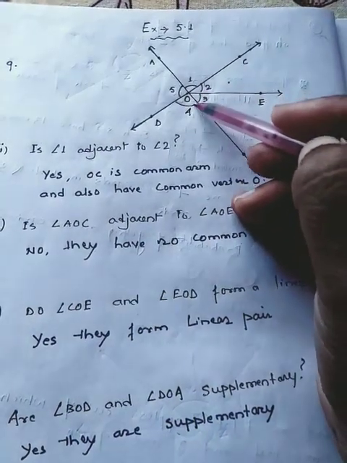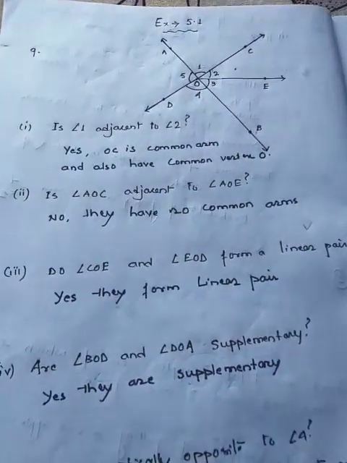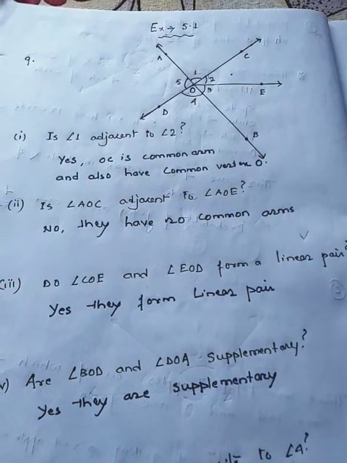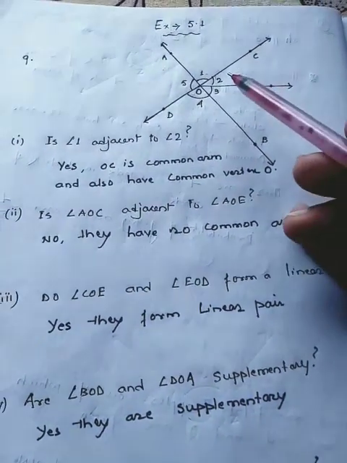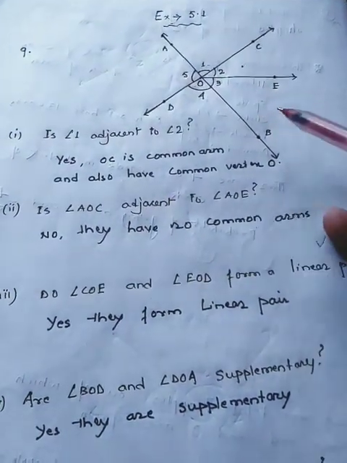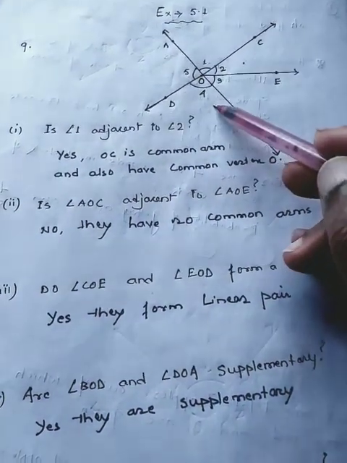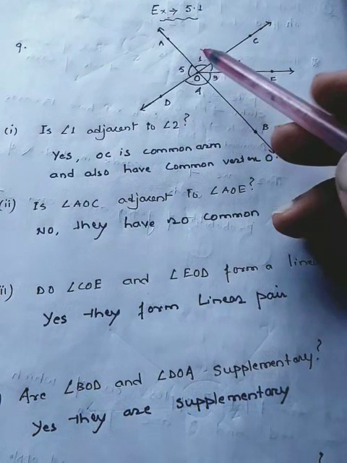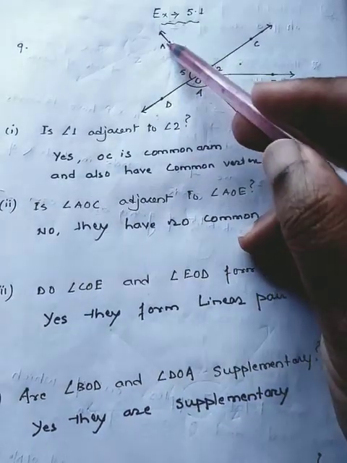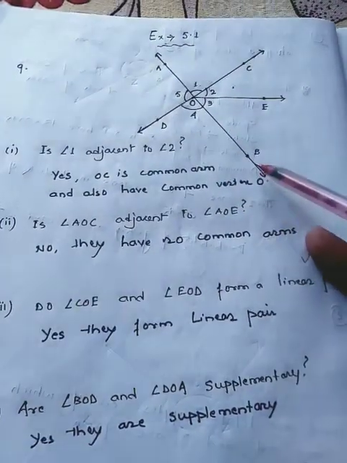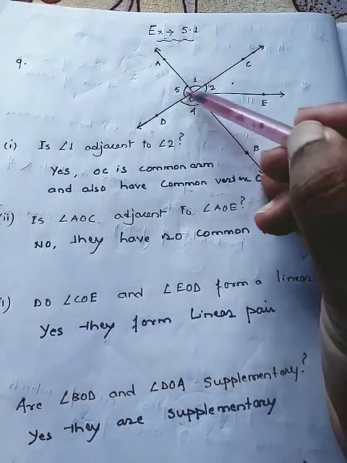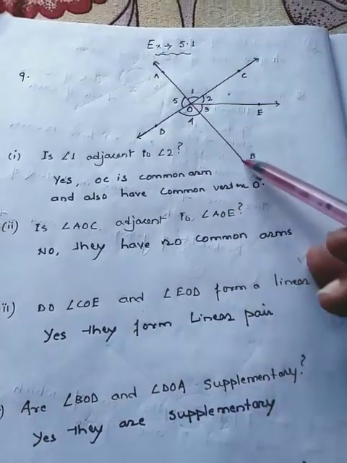See carefully. Now, are BOD and DOA supplementary? We have to find where BOD is, students. BOD is this angle, that is angle 4, and DOA, yes, see again, this angle and this angle are on the straight line, isn't it?